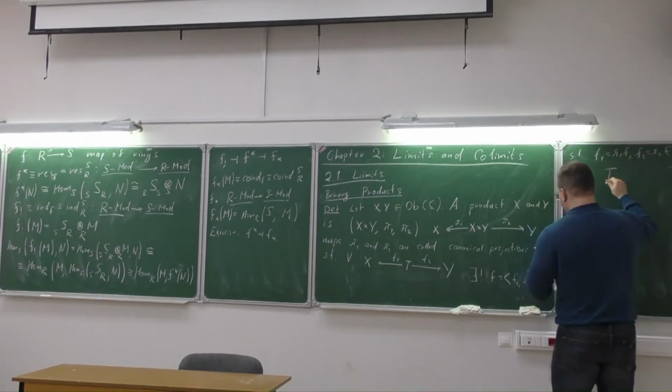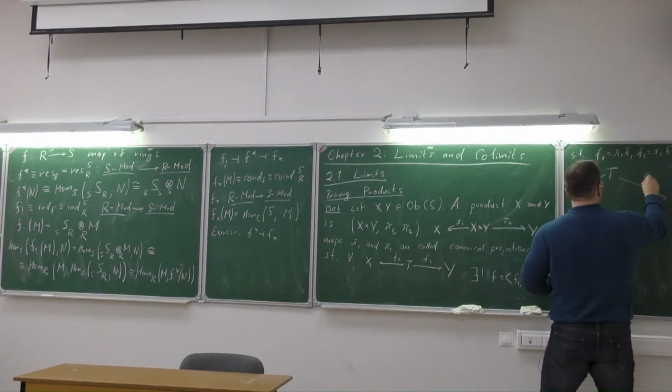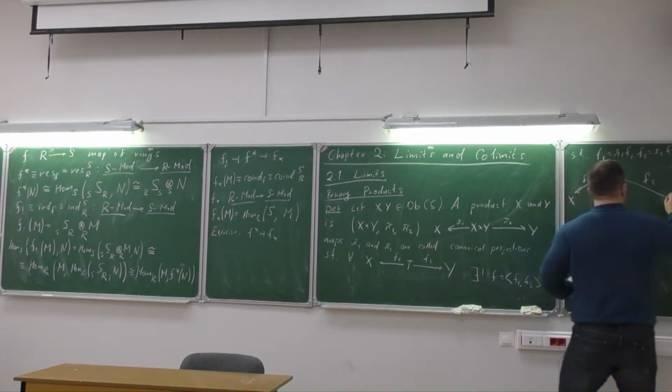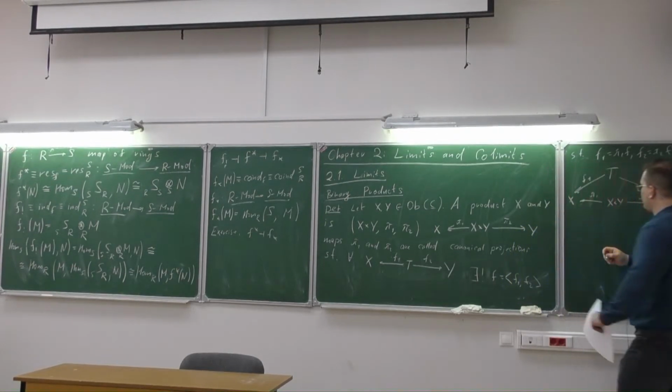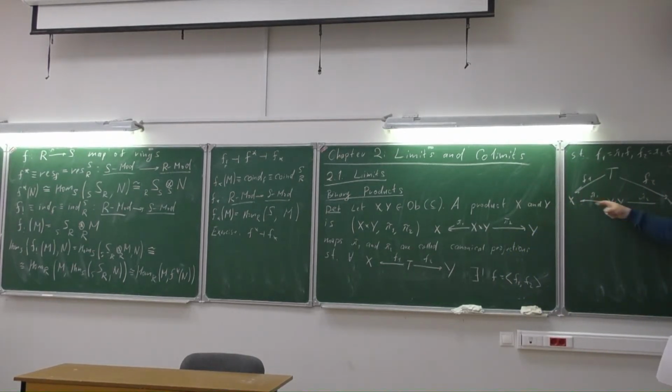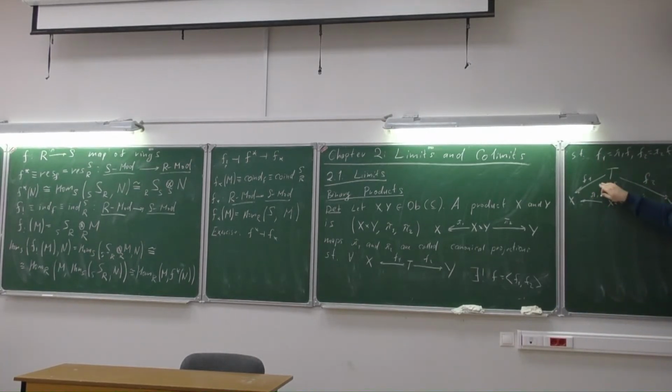So I have one diagram, and I have another diagram for the product. In the product, I have the product of two objects, two canonical projections, and whenever I have a diagram of the same form, there is a unique map F here, such that both triangles are commutative.